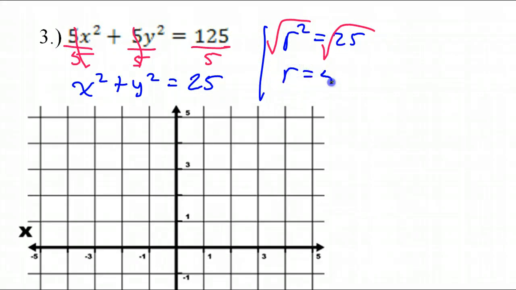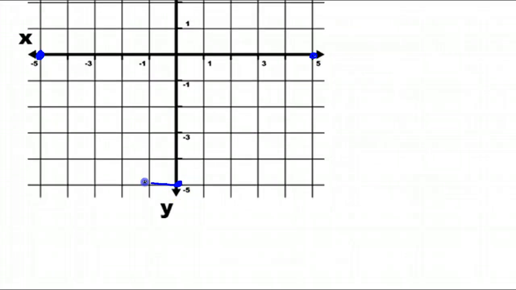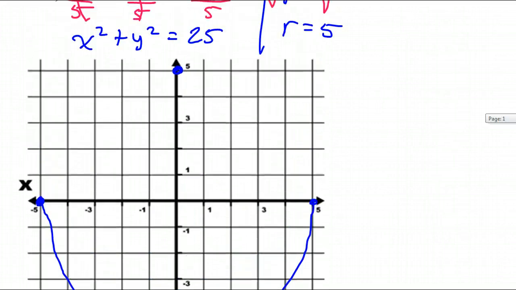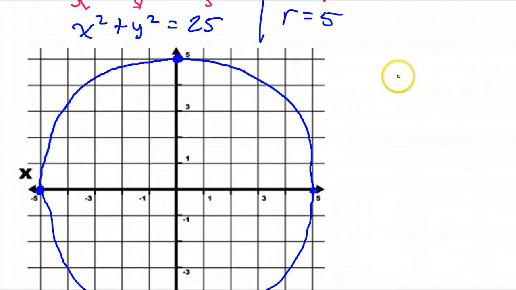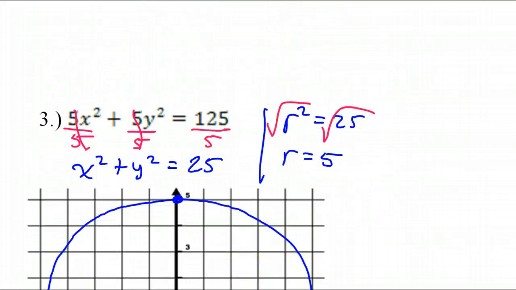So of course, that means r is equal to 5. So just go out 5 in all directions. Alright, that is it for number 3.